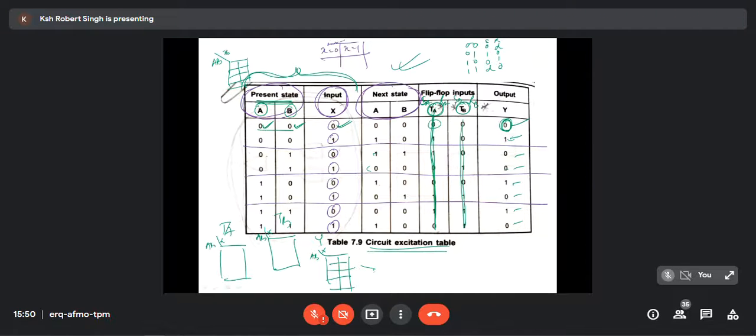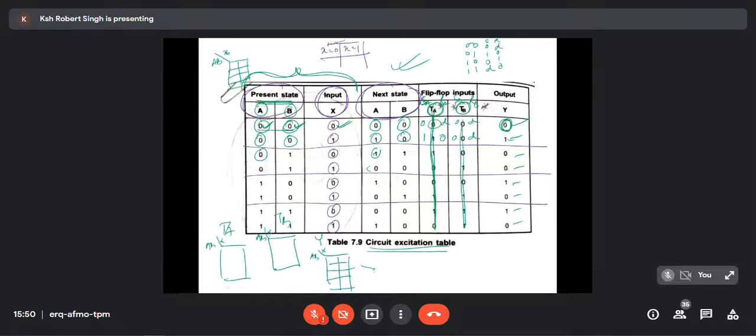0, 0, 0 and 0 for bit number 1. 0 and 0. 0 D. 0 D. This is also 0, for B also 0 and 0. 0 D. 0 D. And then 0 and then 1. 1, 0. 1, 0. 0, 0. 0, D. A. 0.